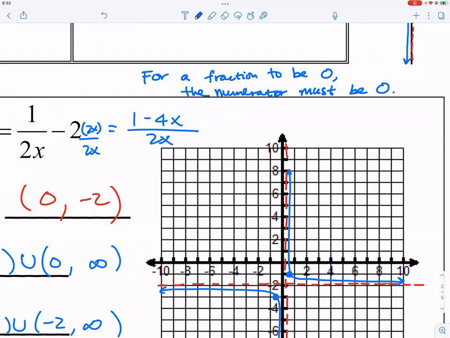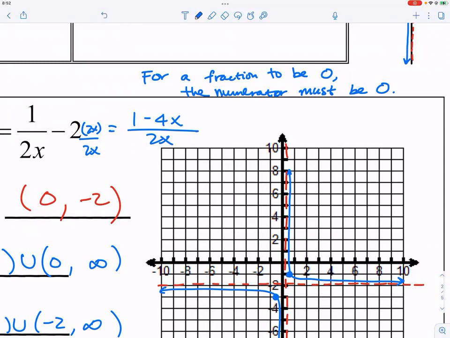Write this down, and then take a moment, just think about it. For a fraction to be 0, the numerator must be 0.